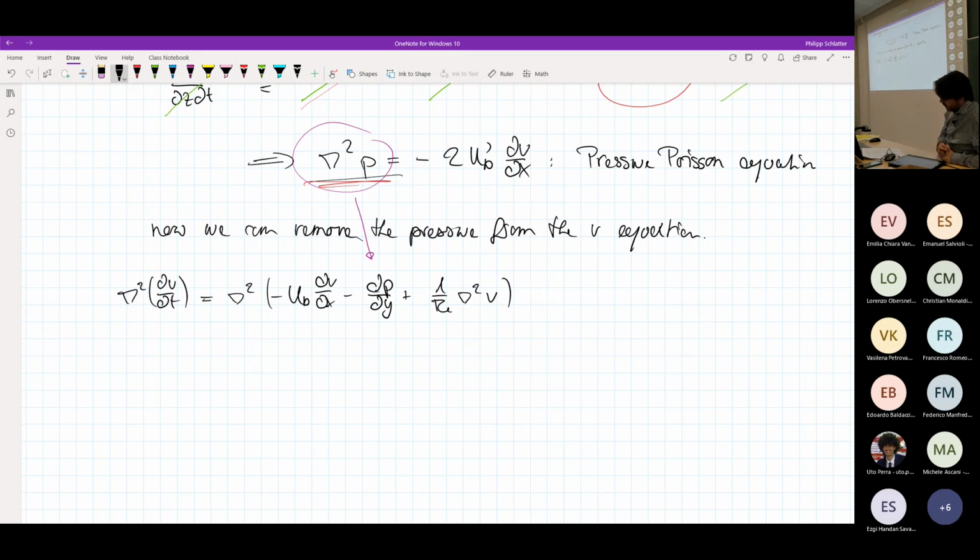So what I will get then, if I just rewrite these equations a little bit, is d/dt plus ub d/dx of nabla squared v.